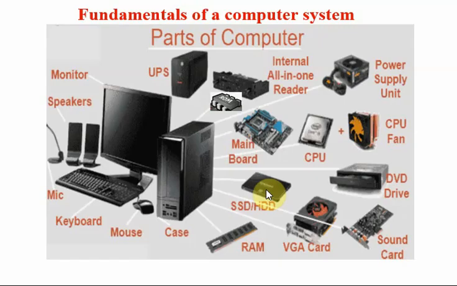So the bootstrap loader inside the ROM chip will locate the master boot record, then the operating system will be loaded to main memory, RAM. This is the working area of the computer system. Whatever program you run opens here only. So this is the working area.